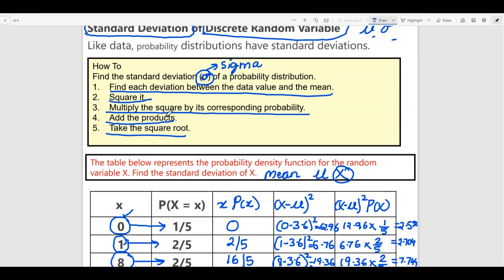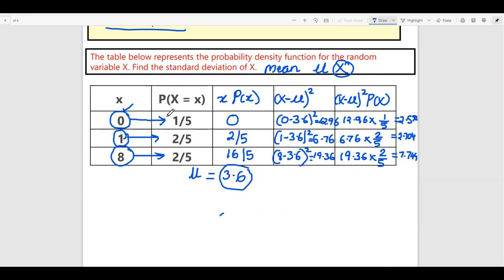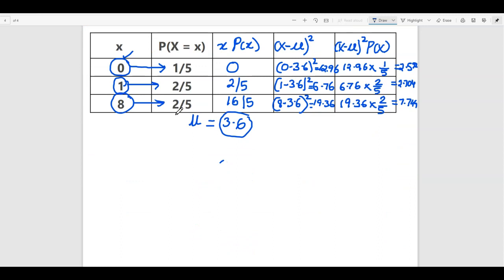Now once I multiply, what's my next step? My next step is to add all of them and find the square root. So I have to add all of them: 2.592 plus 2.704 plus 7.744.